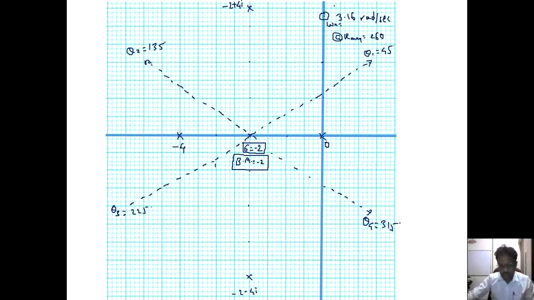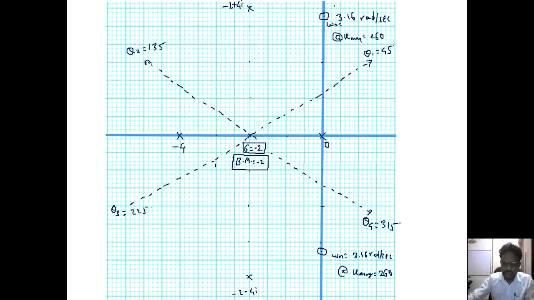Likewise on the lower part of the S plane, omega n equal to 3.16 radian per second at K marginal equal to 260. So this is all the constructional part.